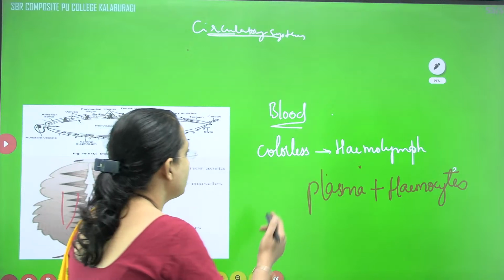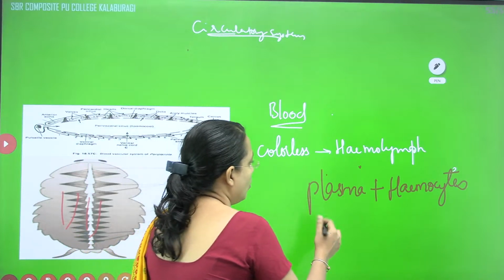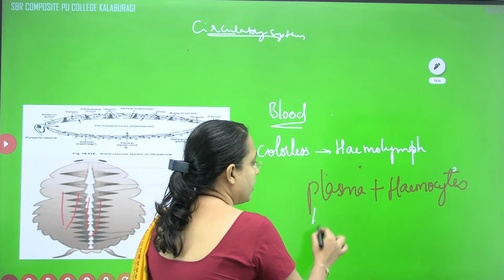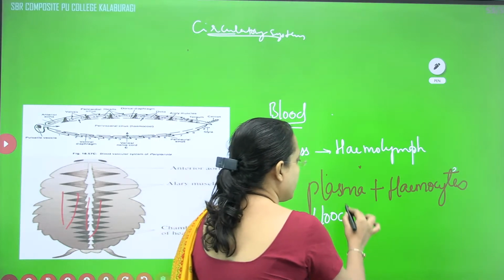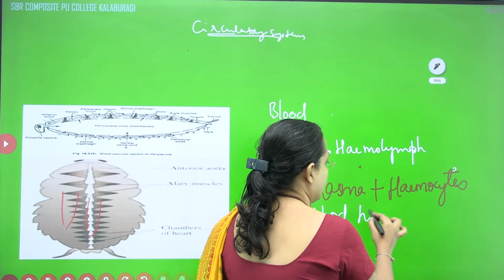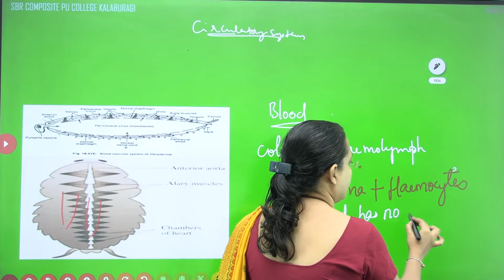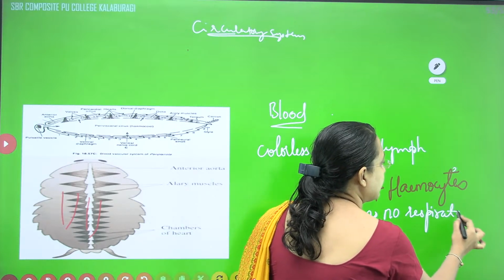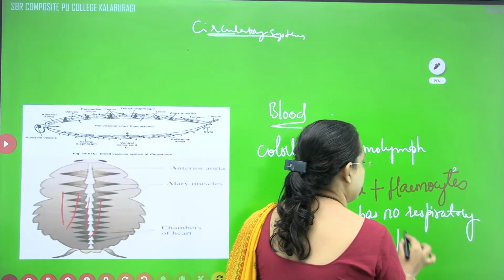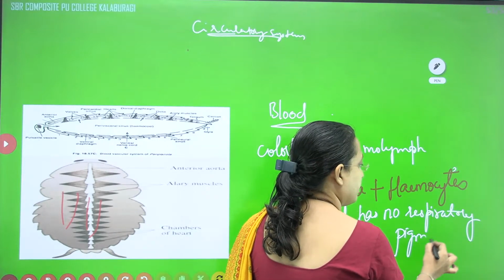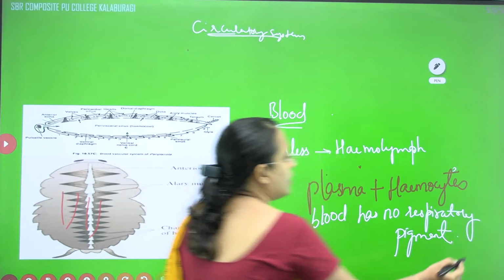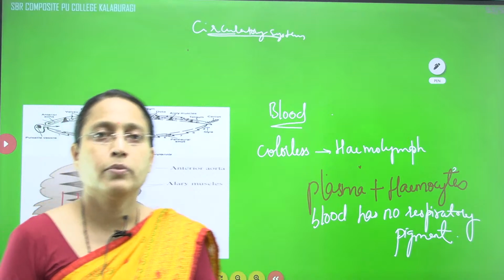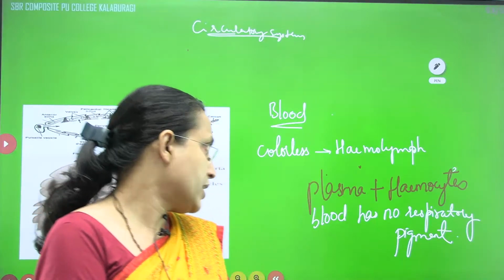The second point which you should know is that the blood does not contain respiratory pigment. We human beings have hemoglobin, but the cockroach does not have any respiratory pigment.